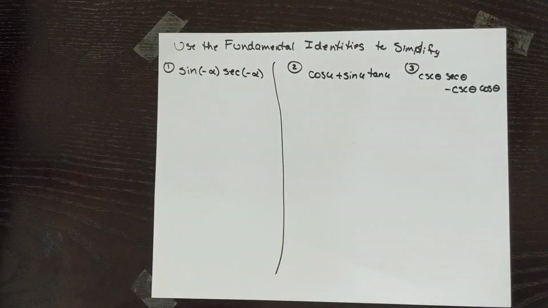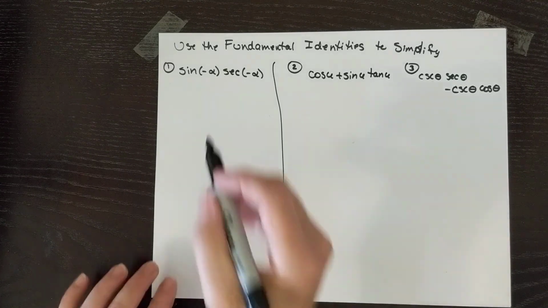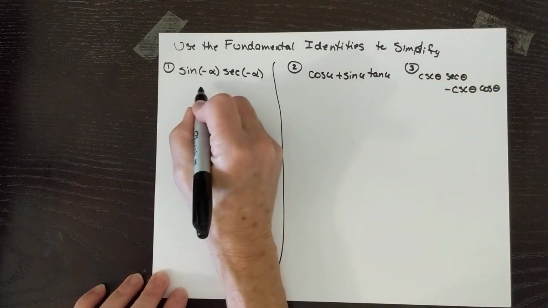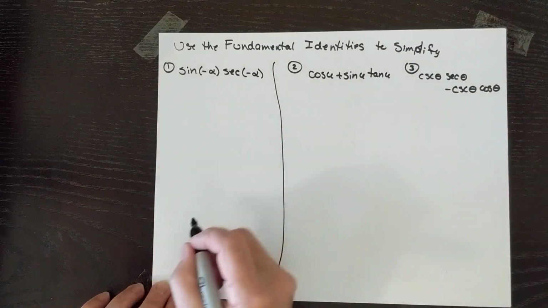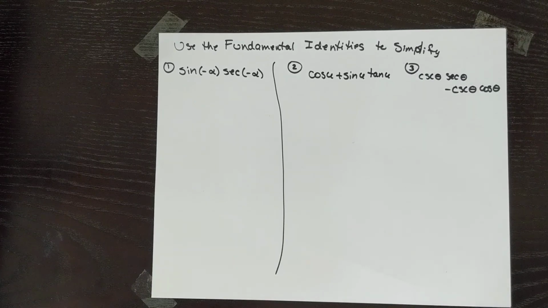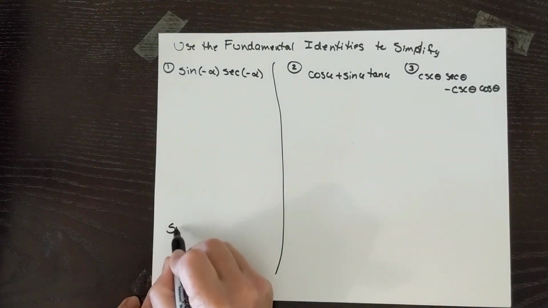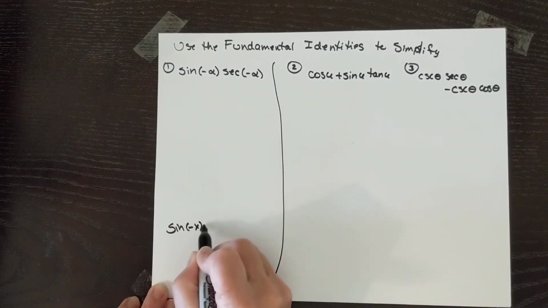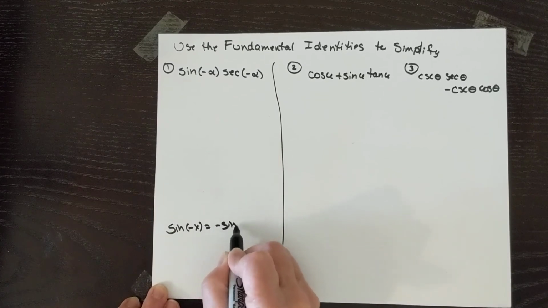Sine of negative alpha times the secant of negative alpha. The sine of negative alpha is equal to, because it is an odd function, there is a trig identity that says the sine of negative x is equal to negative the sine of x.